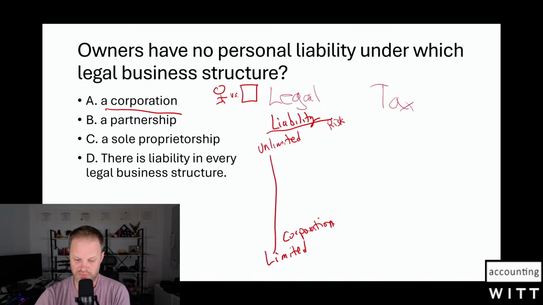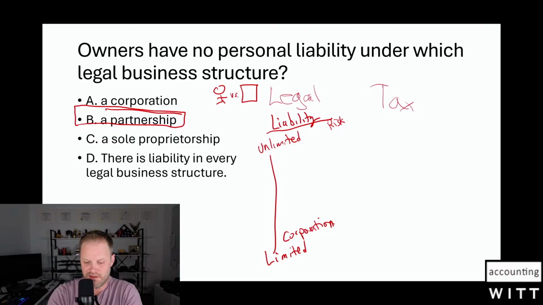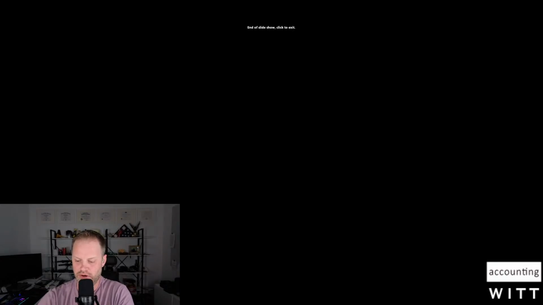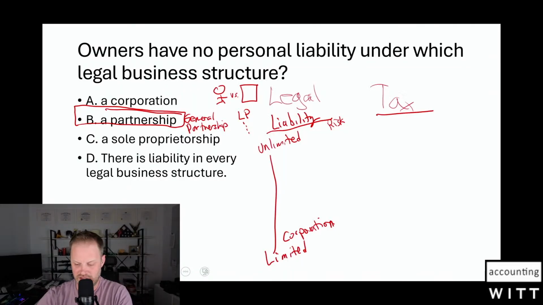A partnership, I disagree with them putting the term partnership there, because legally this needs to be defined as either a general partnership or a limited partnership, or even different. I like to say that the term partnership, just quote unquote partnership, is actually a tax structure.